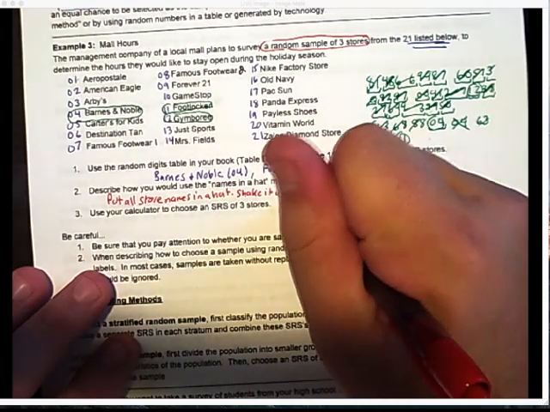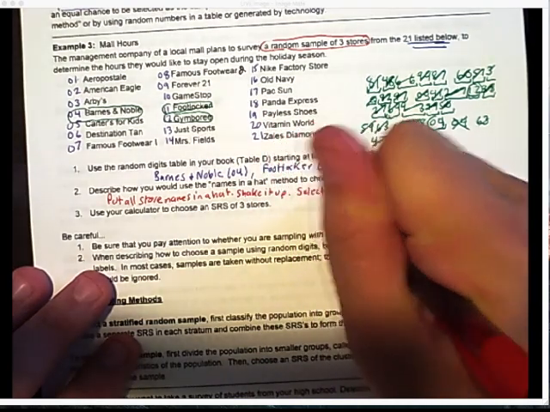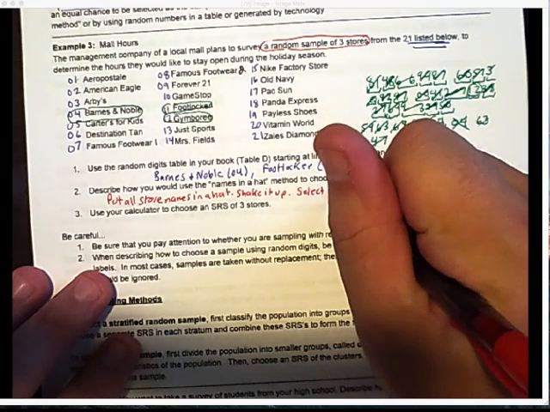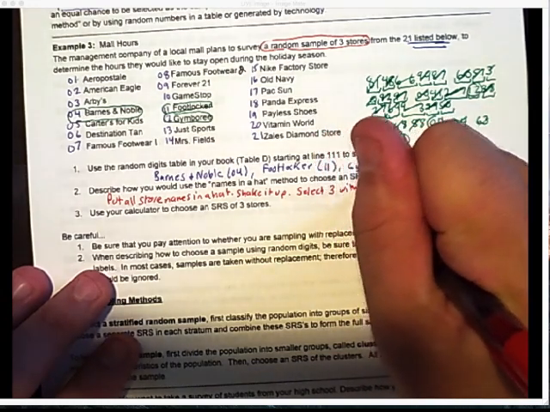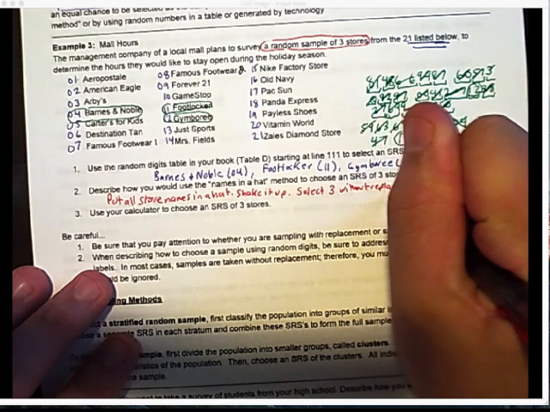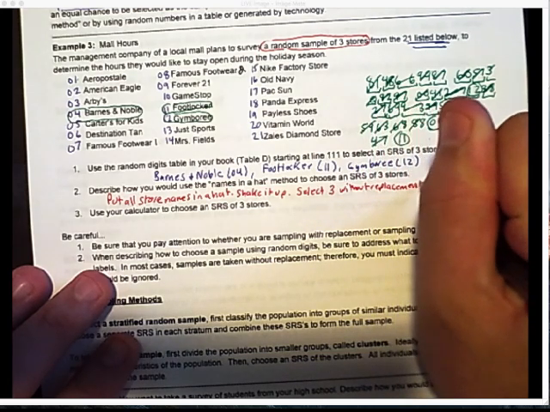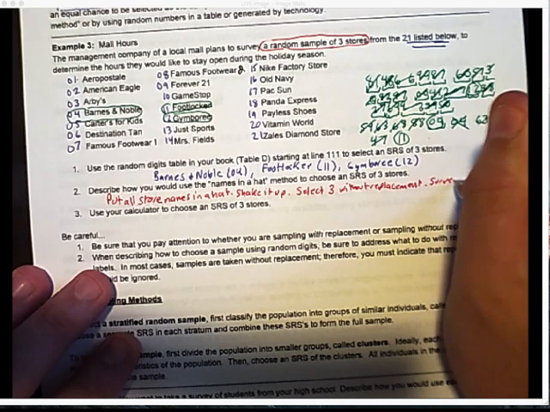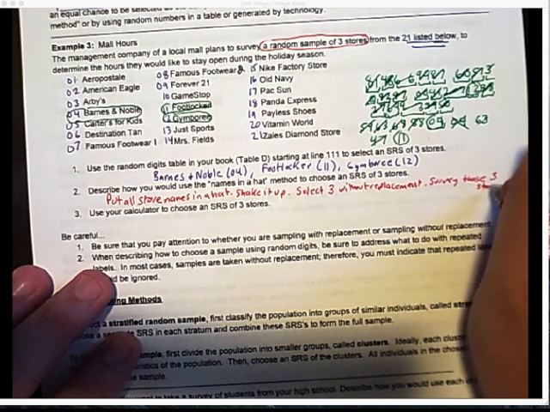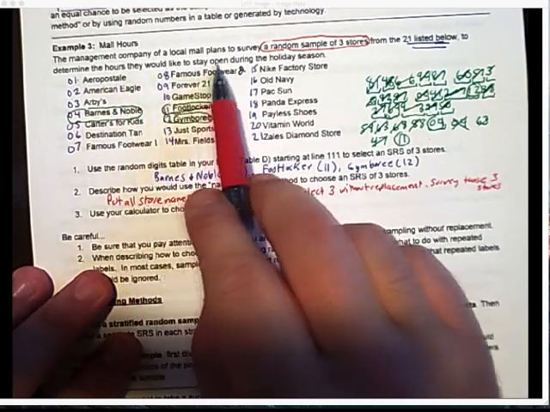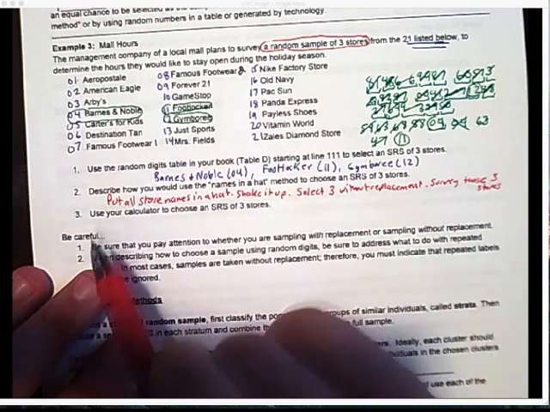I would select 3 without replacement, and then I would survey those 3 stores and ask them what hours they would like to stay open during the holiday season.